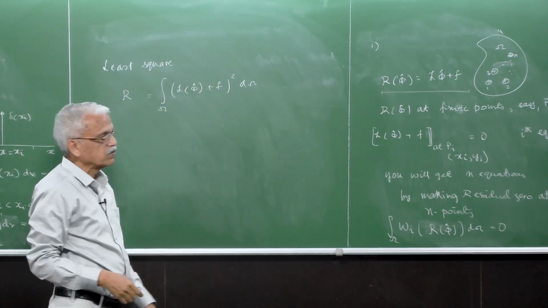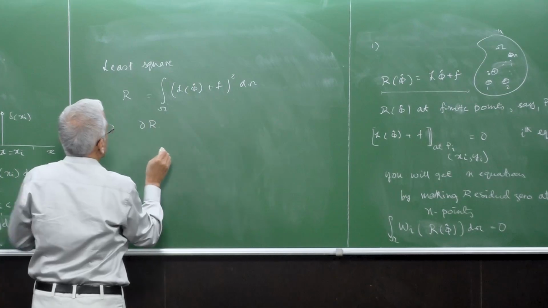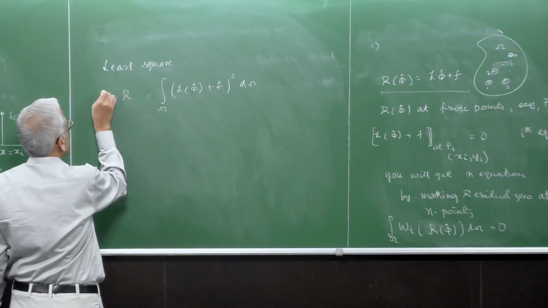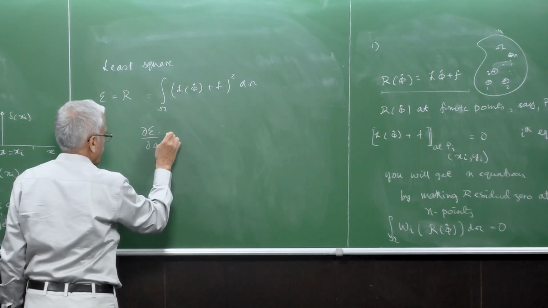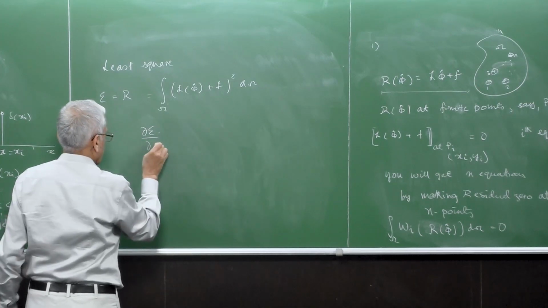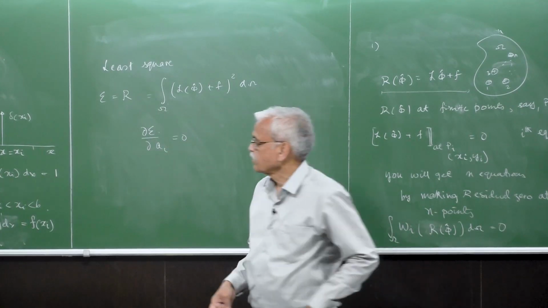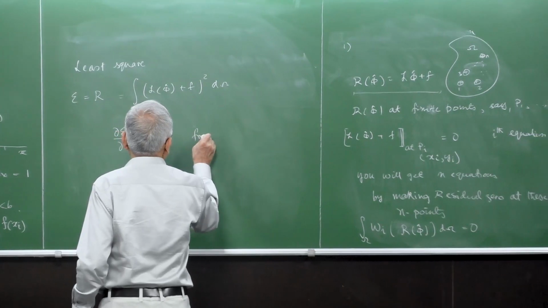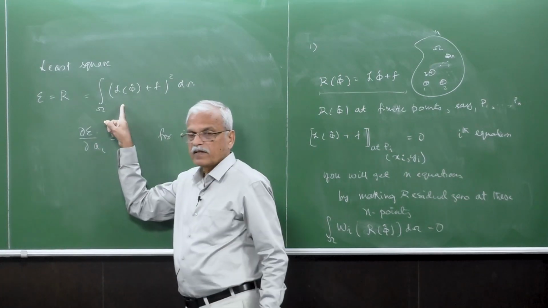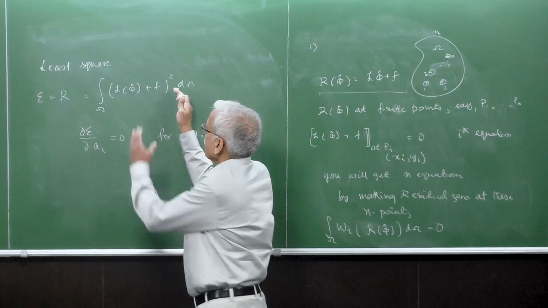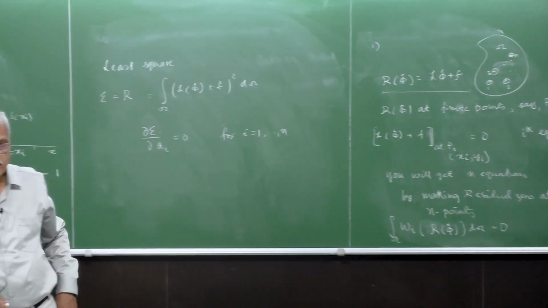Let's call this the error. If you differentiate it with respect to each of these coefficients and try to minimize it, then a part of this comes to the front, and that will be the weighted function.